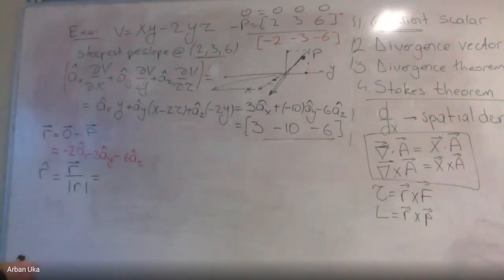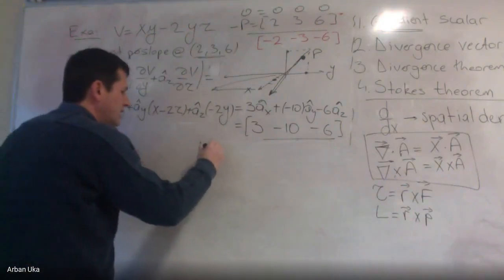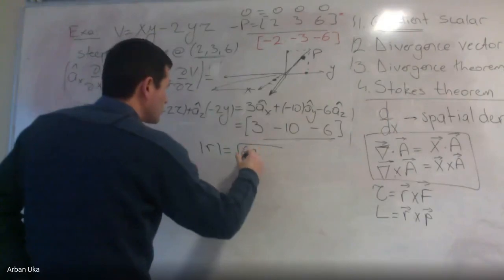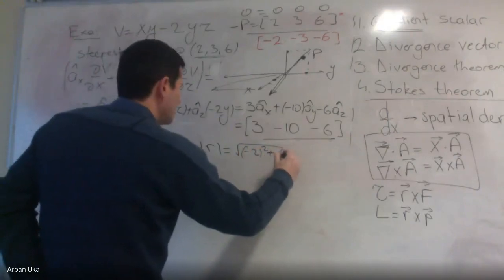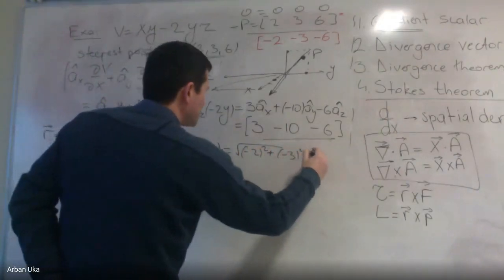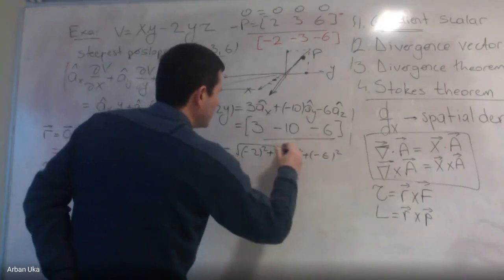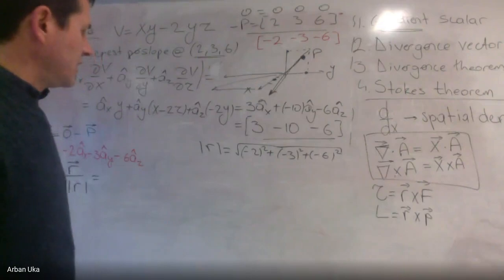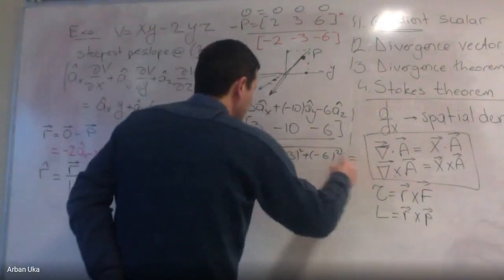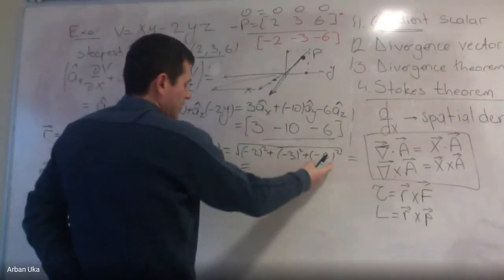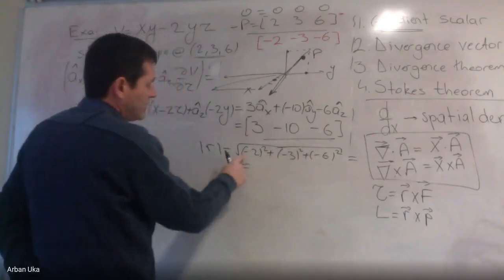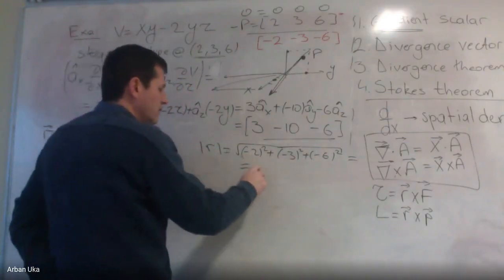What is the magnitude of r? The magnitude of r is equal to the square root of minus 2 squared plus minus 3 squared plus minus 6 squared. So we use the Pythagorean theorem to find the magnitude of this vector, and we find that 36 plus 9 is 45, and 45 plus 4 gives 49.